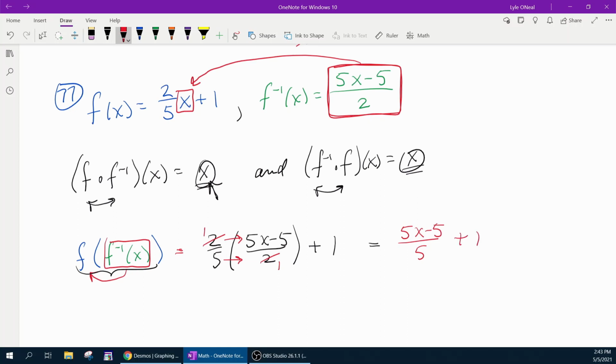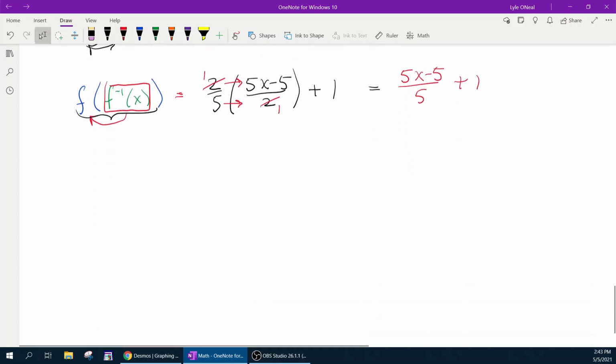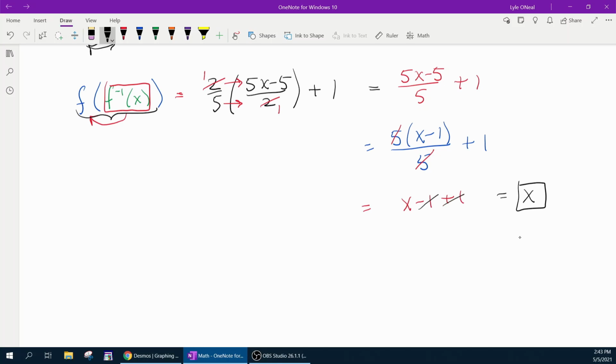And then notice that the numerator has a common factor of 5. So then what I can do is I can factor the numerator. That's going to give me 5 times (x minus 1)/5 plus 1. And then notice the 5's cancel, which is going to simplify to x minus 1 plus 1. And then plus 1 minus 1 cancel. So all of that worked to get to just x.